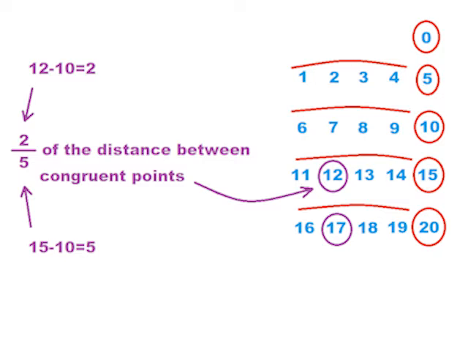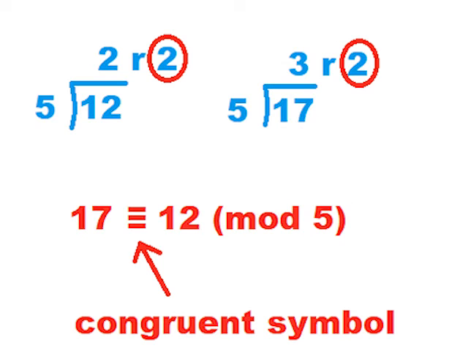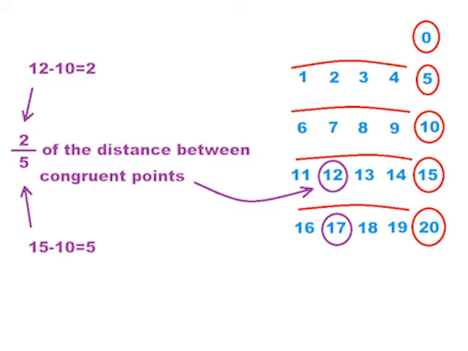Both 17 and 12 are 2 points distant from a point congruent to 0. So rather than saying they have a remainder of 2 that makes them congruent, we can say each is 2/5 of the distance between 2 points congruent to 0, and use that as a definition of congruency.